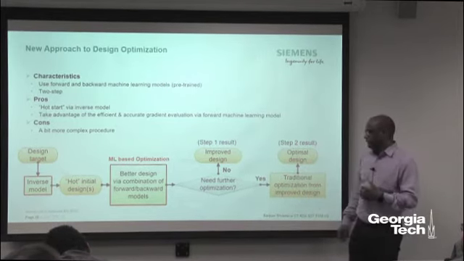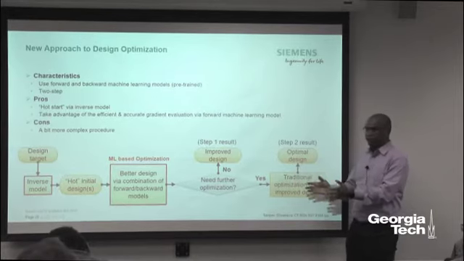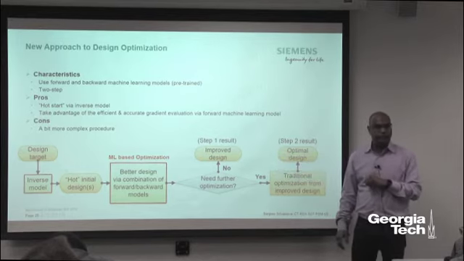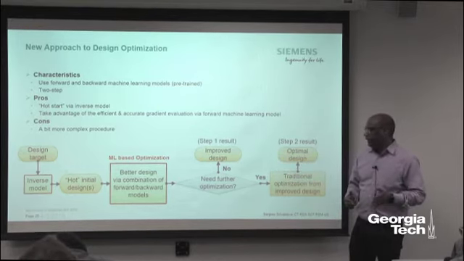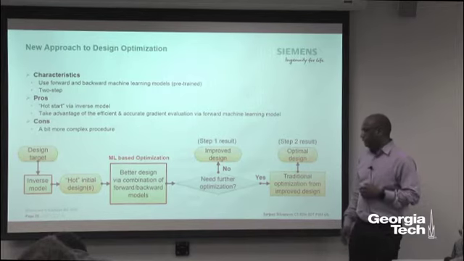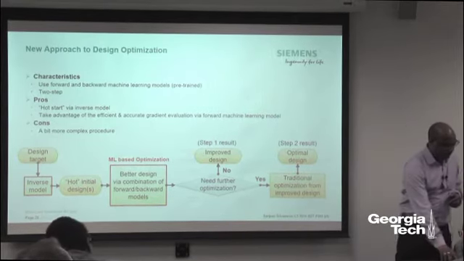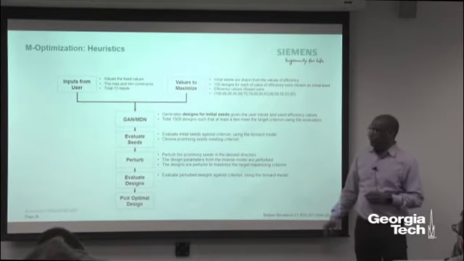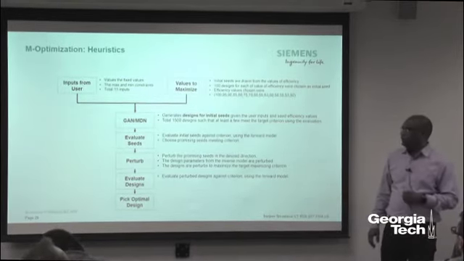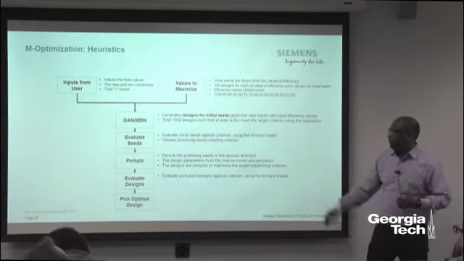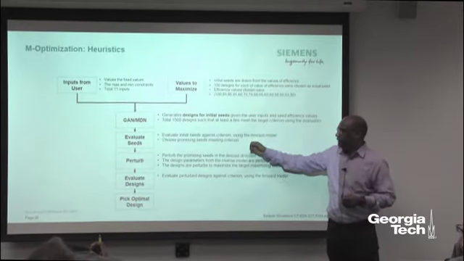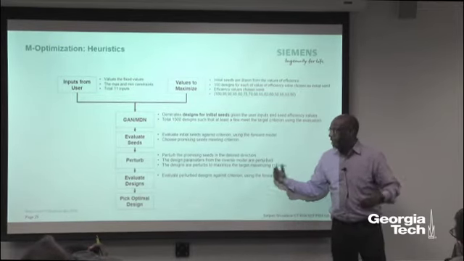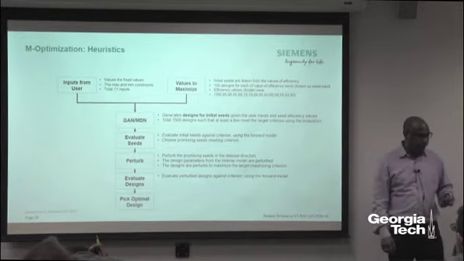And what we realized is that if you combine the traditional optimization algorithm with some kind of machine learning optimization, you can cut down the design optimization effort in a significant manner. And this is just the heuristic which we utilize to do the exploration, where the inverse model generates the design solutions, and then we take these seeds and do perturbation in the local design space to do certain evaluation loops and find the best design.